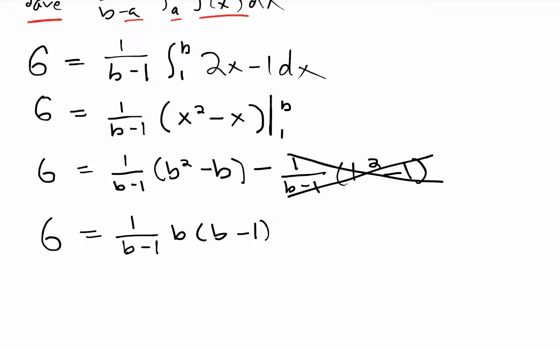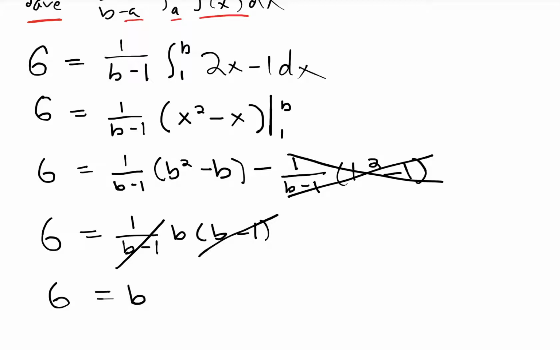So the thing that I suggested before, if we multiply both sides by b minus 1, well, there's a b minus 1 on both sides. You may as well divide it out. So this isn't really going to give us any helpful information. I'm going to just let those cancel, and then that's going to give us that 6 is b here.